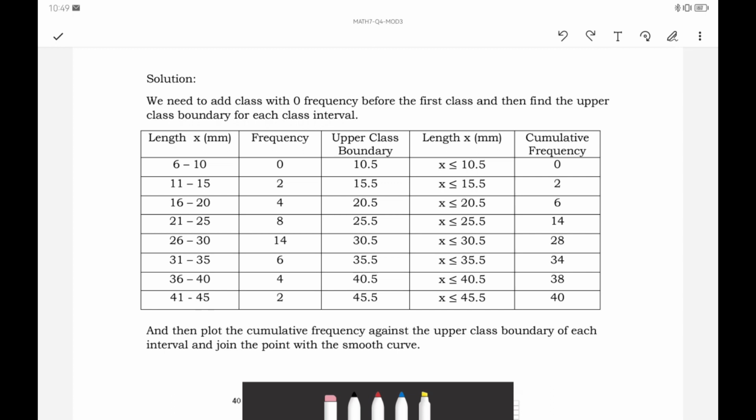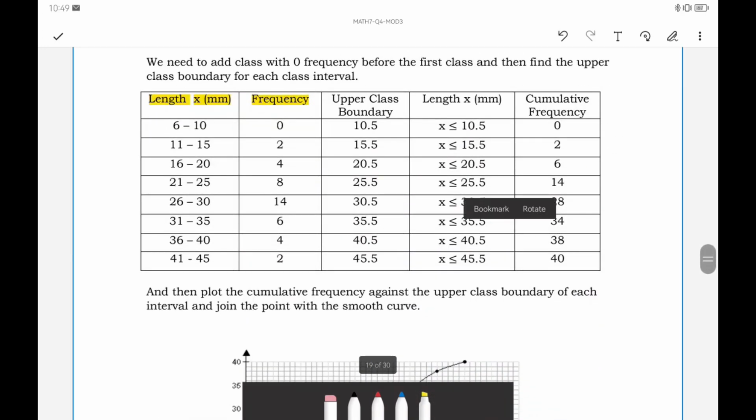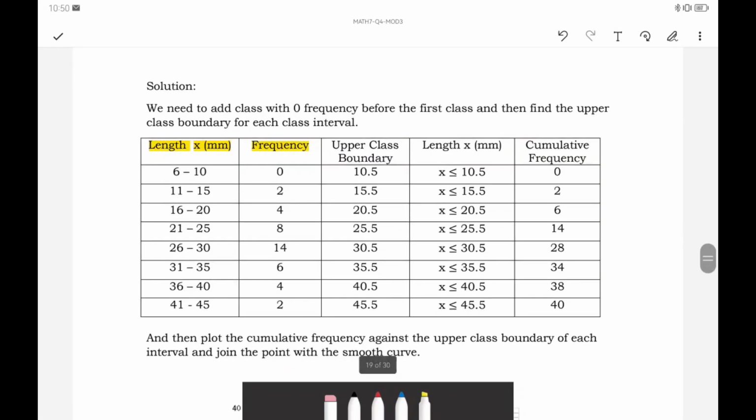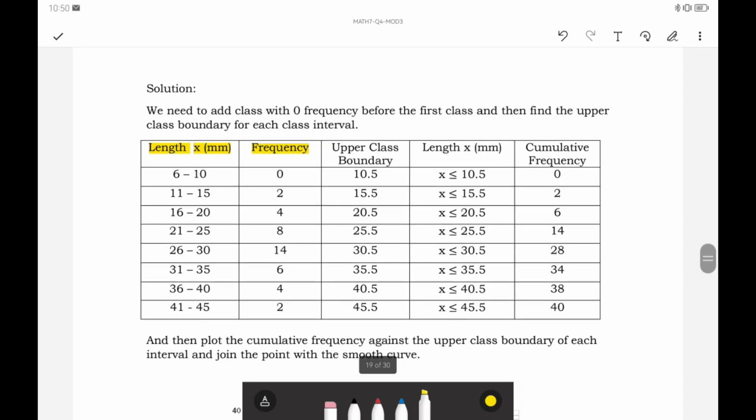So here, the length and the frequency are only copied from what is given above. We copy them in the first two columns. Now we need to add 3 columns: the upper class boundary, the length, and the cumulative frequency.